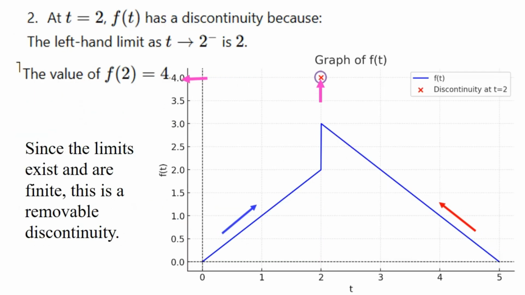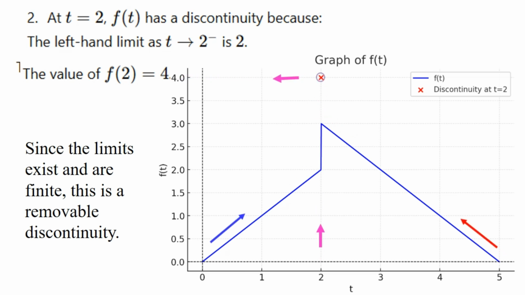Another thing we need to notice about f of t, most especially at t equals 2, where we've discovered a point of discontinuity, is the left-hand limit, in the sense that as t tends to 2 from the negative side.